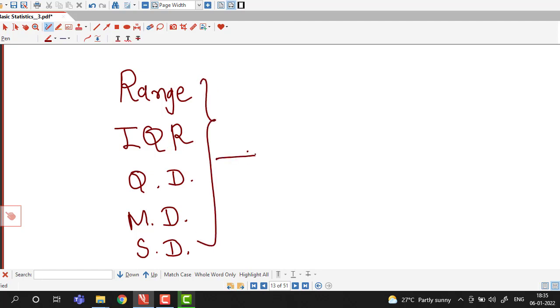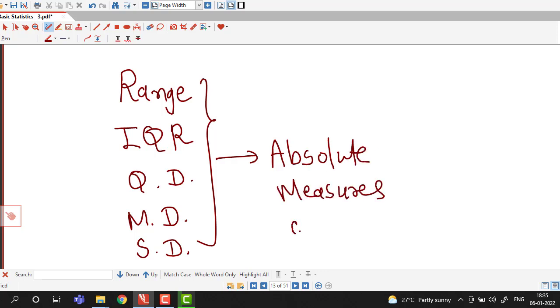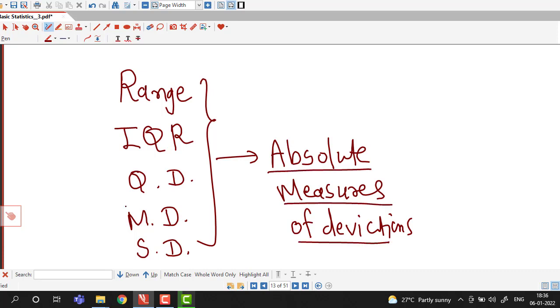All these measures are known as absolute measures of deviations. Using these measures we can decide the variability in a given set of data.